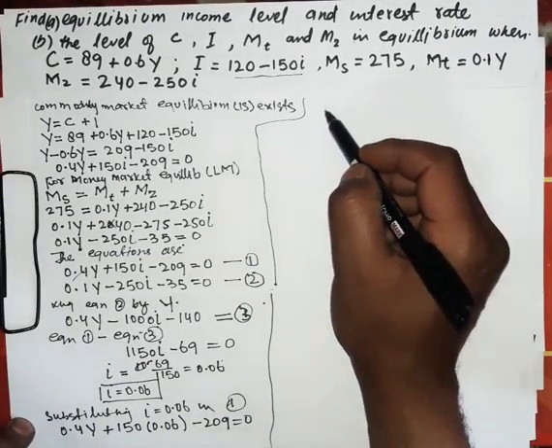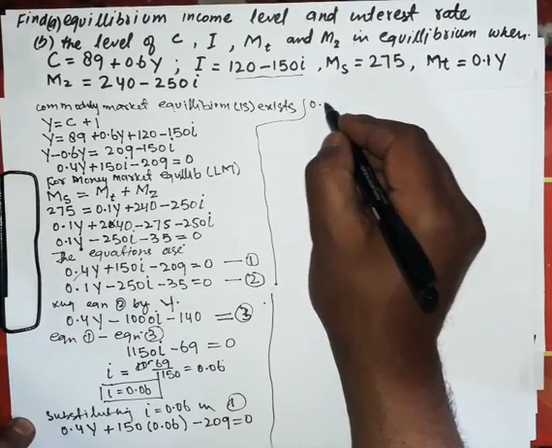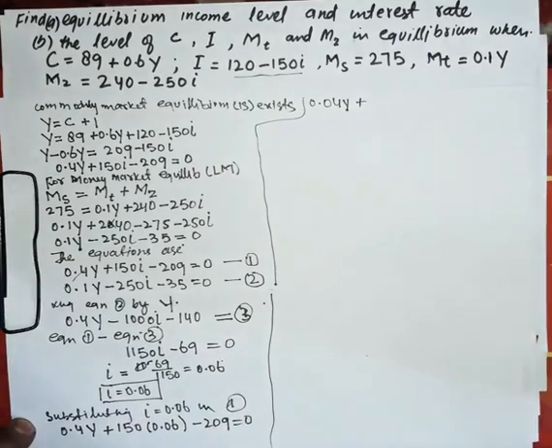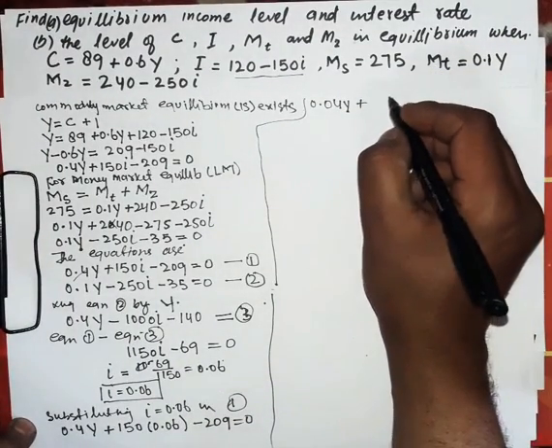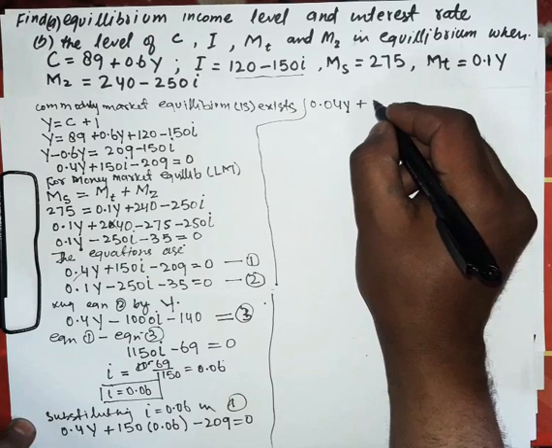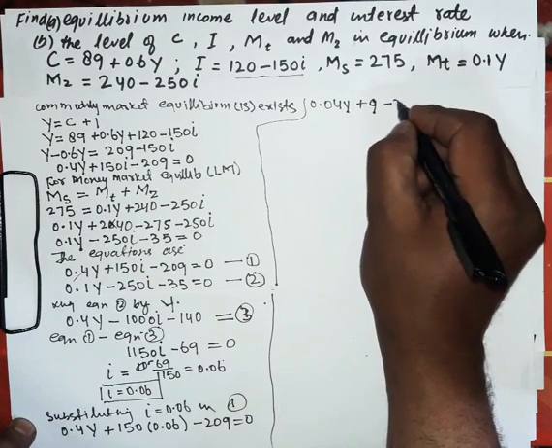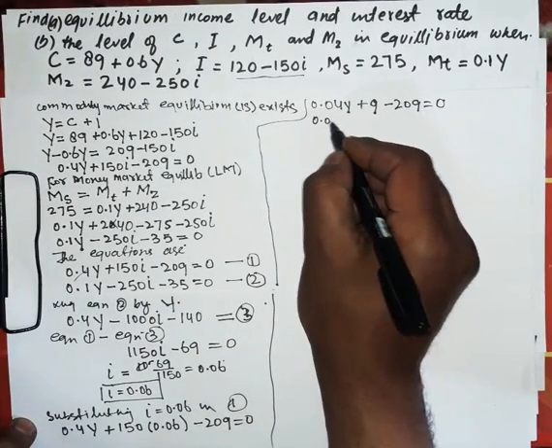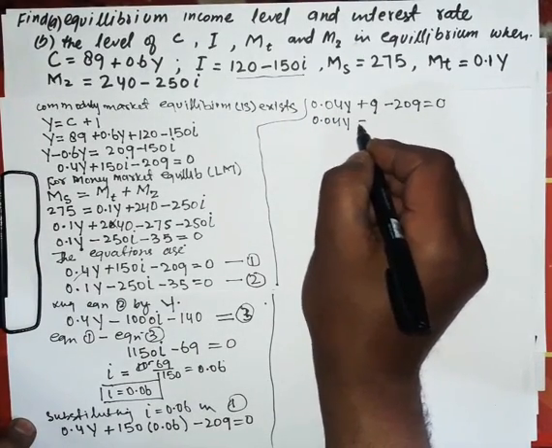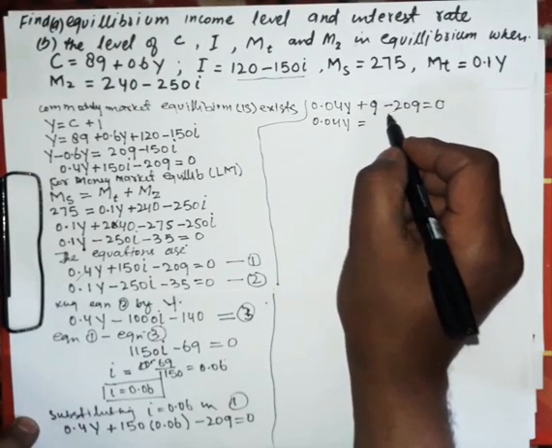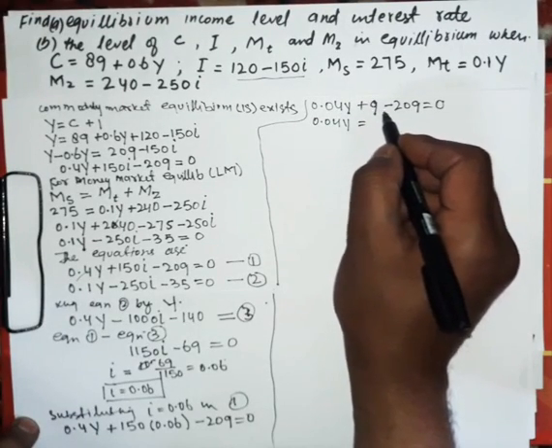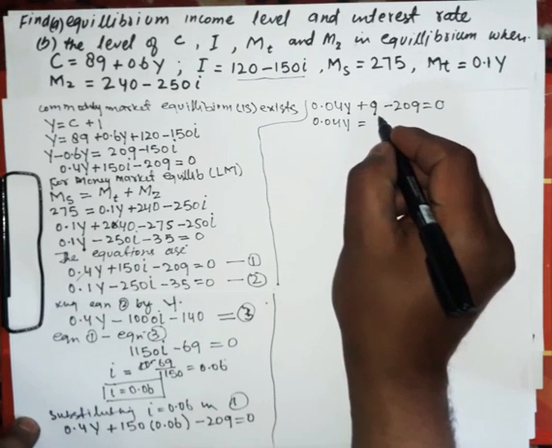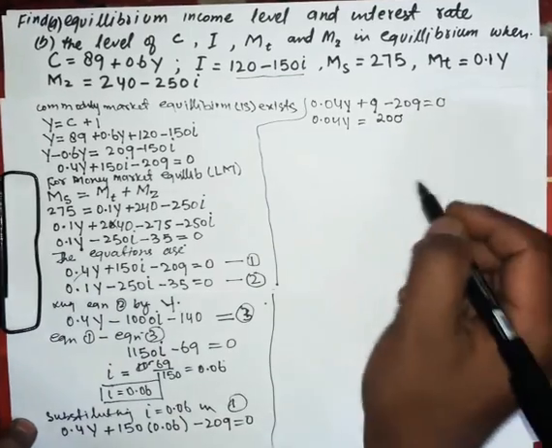Solving, 150 times 0.06 is 9, so 0.4 Y plus 9 minus 209 equals 0, or 0.4 Y equals 200.